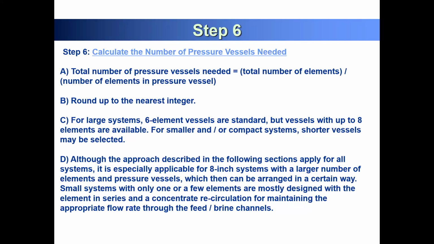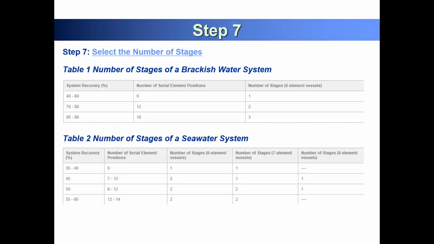So if you don't have enough water capacity, you don't have to design many pressure vessels. Just utilize one, and a little bit of recirculation would be ideal rather than having a high number of pressure vessels.